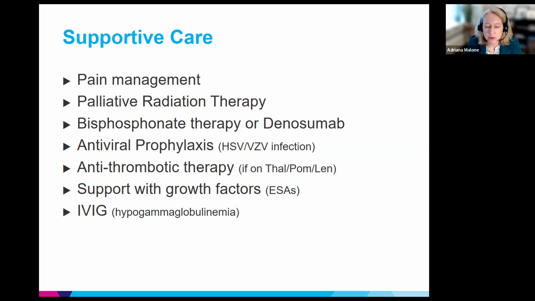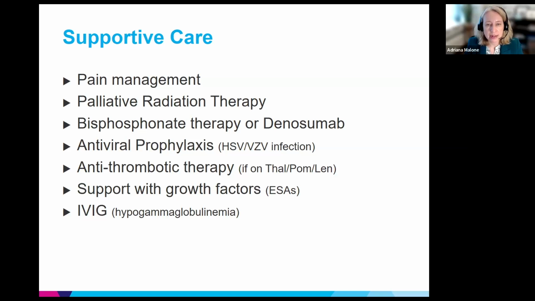Bisphosphonate therapy, or denosumab, is indicated for all patients receiving primary therapy and has been shown to reduce skeletal-related events. Renal function must be carefully monitored, as well as patients must be closely observed for any dental issues, including the development of osteonecrosis of the jaw.